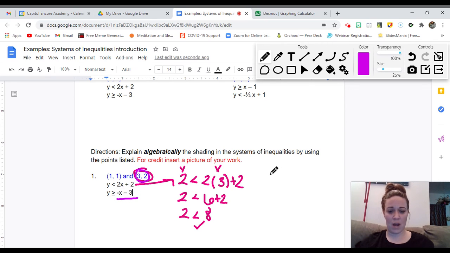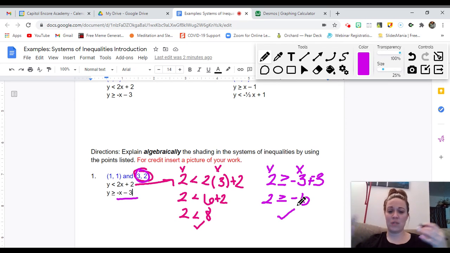So 2 was my y value. Is greater than or equal to negative 3, where 3 was my x, minus 3. So 2 is greater than or equal to negative 3 minus 3. If I do the change, that becomes negative 6. And is 2 greater than negative 6? Yes, that is a true statement.